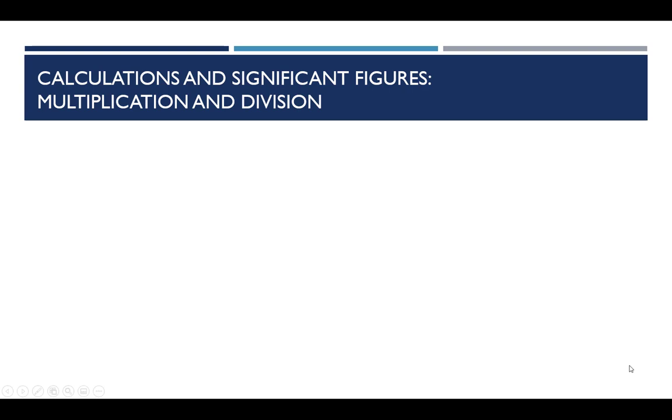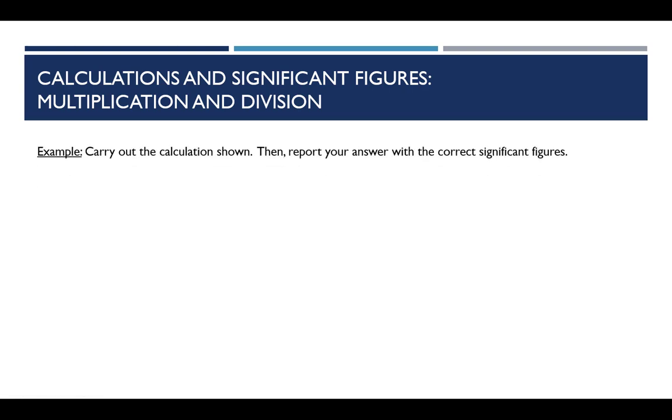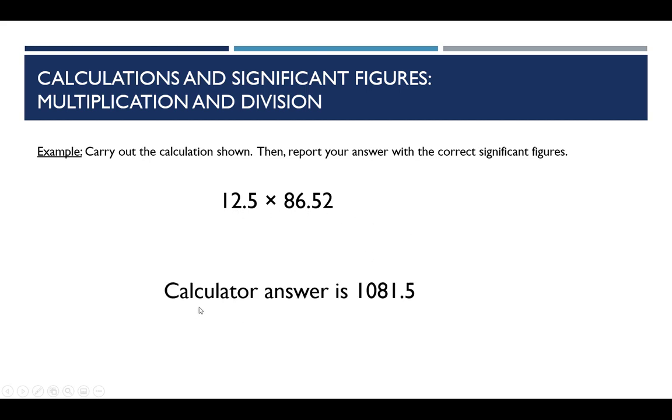Now, as with most things in chemistry, this is probably easiest to understand after looking at an example. So let's say you're given the following to calculate: 12.5 times 86.52. I'm assuming these are all measurements and none of them are exact numbers. So I put this into my calculator, and my calculator answer is this number right here, 1081.5. Now we have to say, well, this is probably not going to be the correct answer to report.